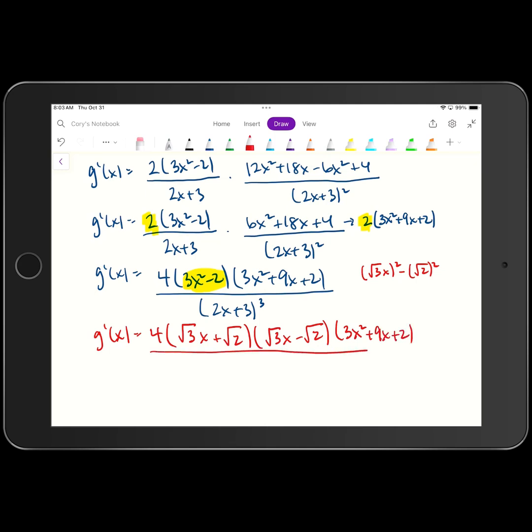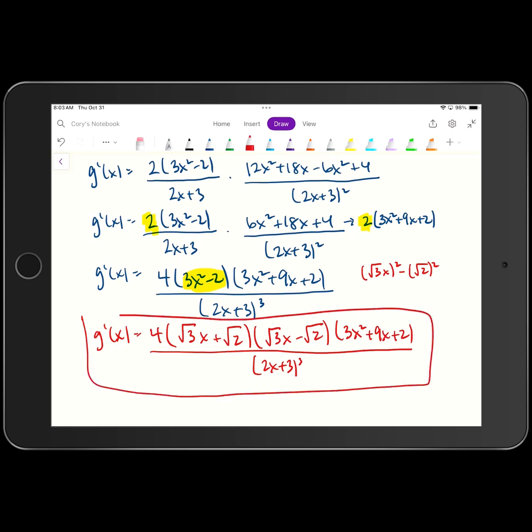And then my denominator is 2x plus 3 quantity cubed. Okay, so that right there is that derivative taken and simplified completely.